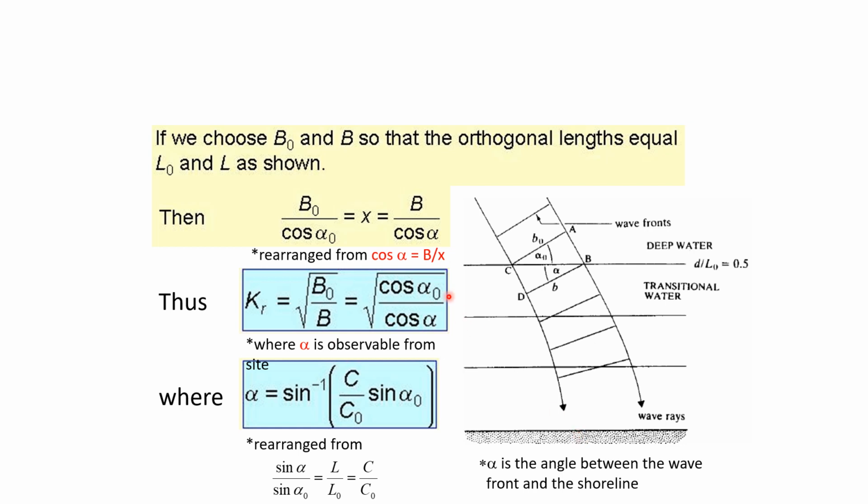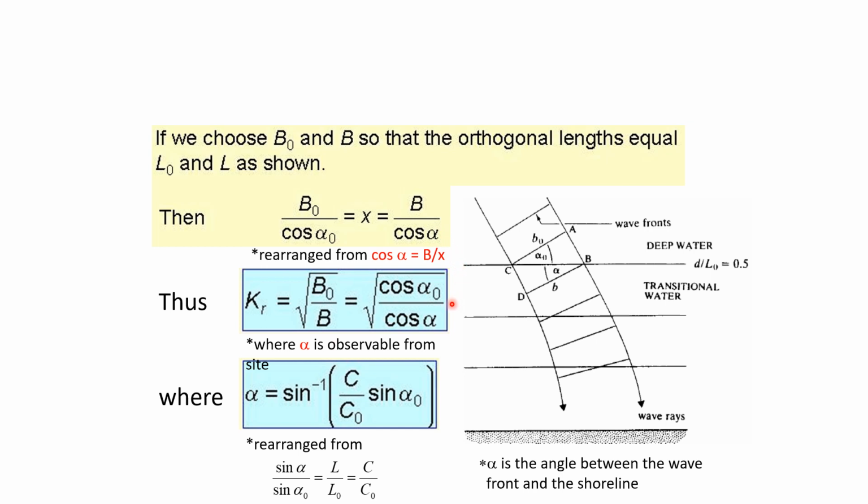So what we see here is that, for example, from the change of water depth here to the water depth here, the wave front makes an angle of alpha naught to the bathymetry, and the angle changes to alpha after refraction. The width between the two orthogonals is B naught before refraction, and it is B after refraction.